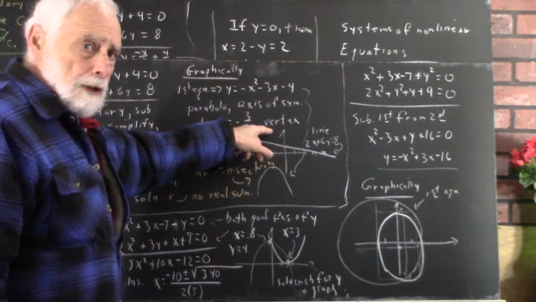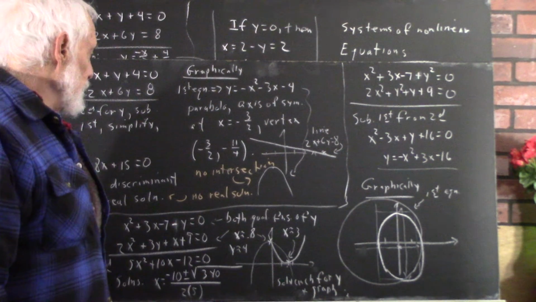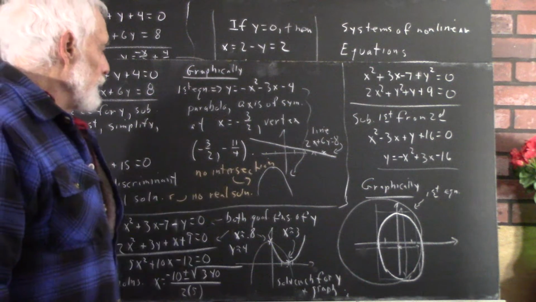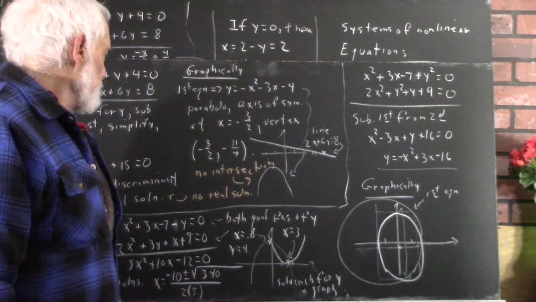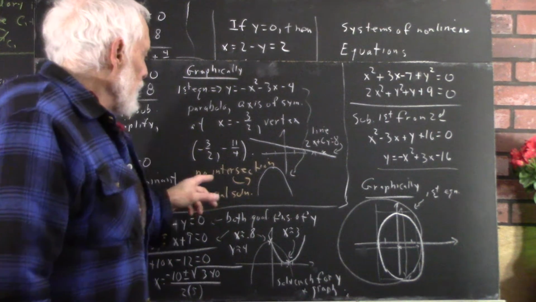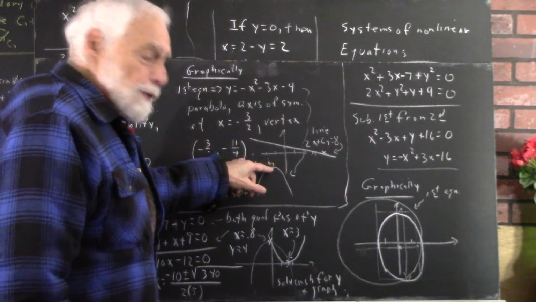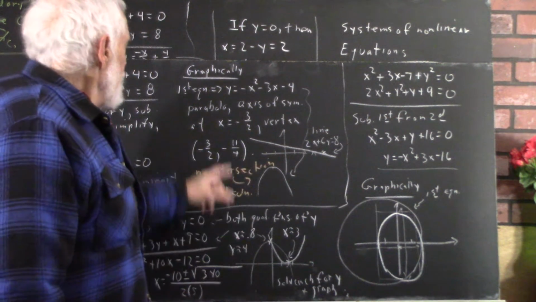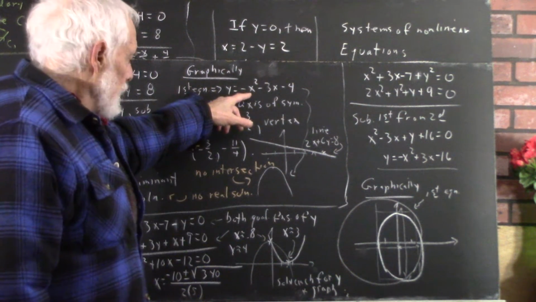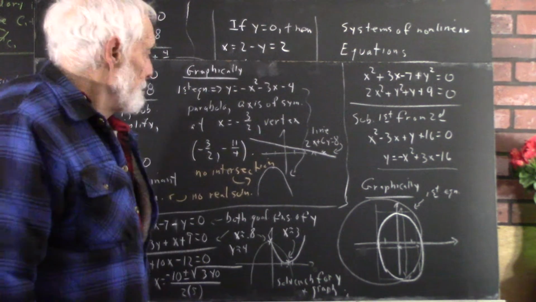Its vertex, if I did it right in my head, plugging in the axis of symmetry, I think is negative 11/4. That gives you a parabola with a vertex at negative 3/2, negative 11/4. And you have a negative coefficient of x squared, so it opens downward. The parabola is going to look like this.